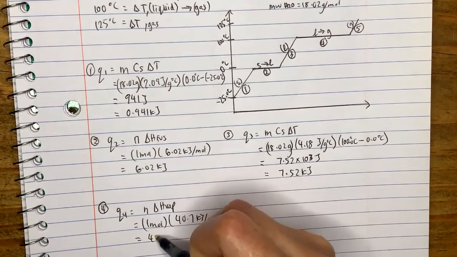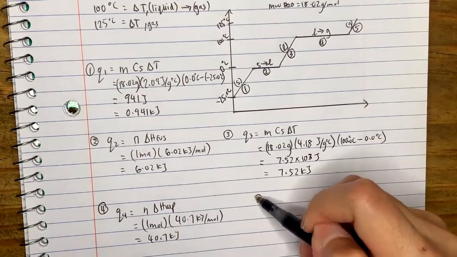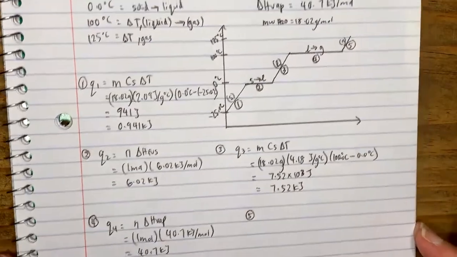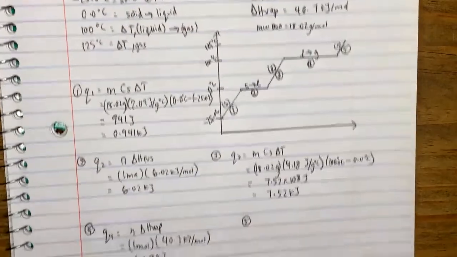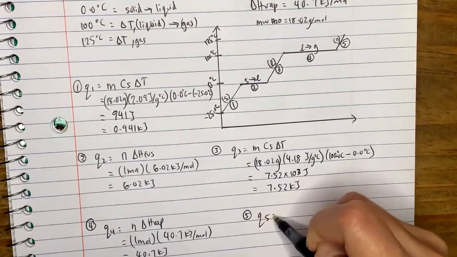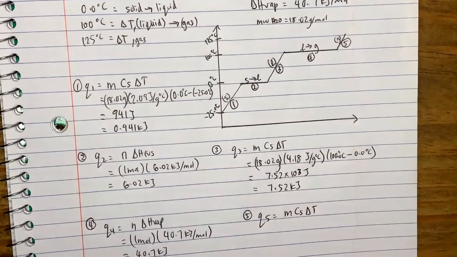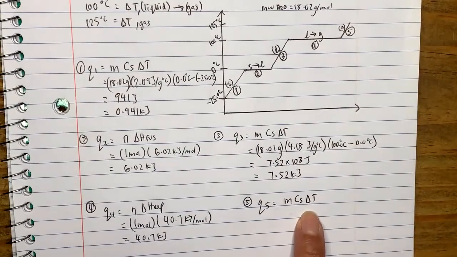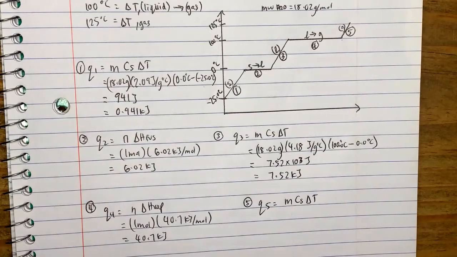And the answer is 40.7 kilojoules right there. And then let's take a look at step number 5. Step number 5, you're 1 mole, you're going up from 100 to 125 degrees. So Q5 equals MCS delta T. So you remember every time you have a temp change, you use Q equals MCS delta T. Every time you have a phase change, you use N times delta H or whatever process it is.